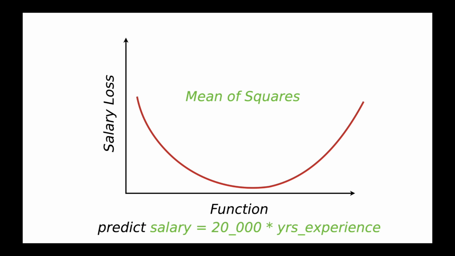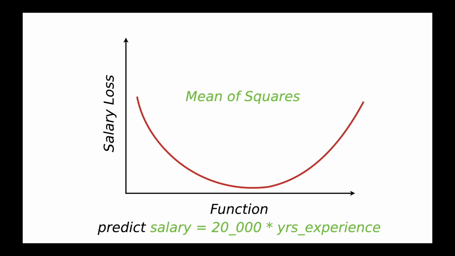If there's a particular experience point, we can find out exactly how far that is at an individual value. Then we take the squares of all those, add them together, and divide by the number of them. That's going to give us an objective calculation. When our line gets worse, the loss is going to grow very quickly. And when the line is better, this function is going to return a much smaller value.